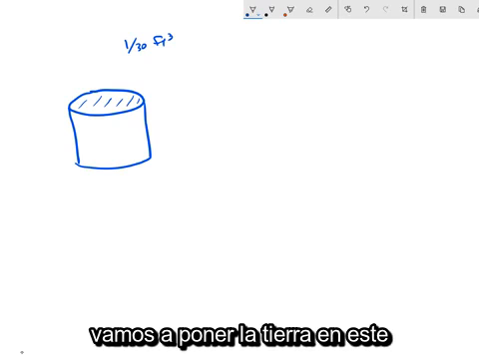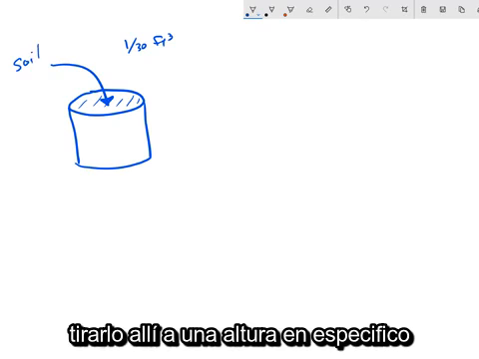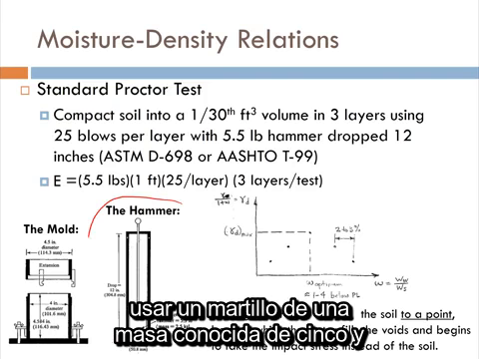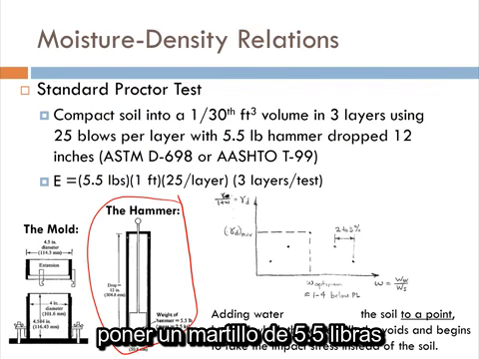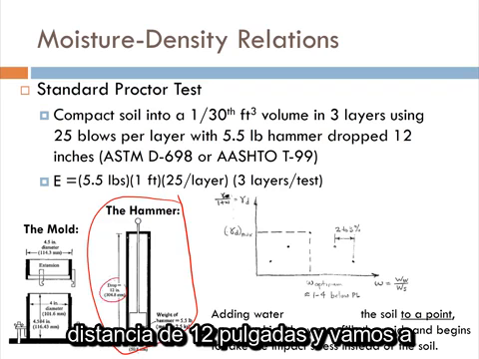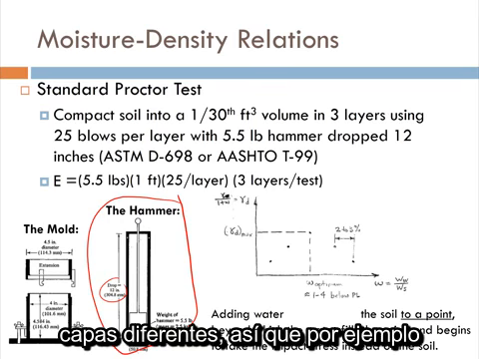And so what we're going to do is put the soil into this container, but we're not going to just dump it in there in one specific lift. We're going to use a hammer of a known mass, a 5.5 pound hammer that's going to be dropped over a distance of 12 inches. And we're going to put the soil into the mold in 3 different lifts.